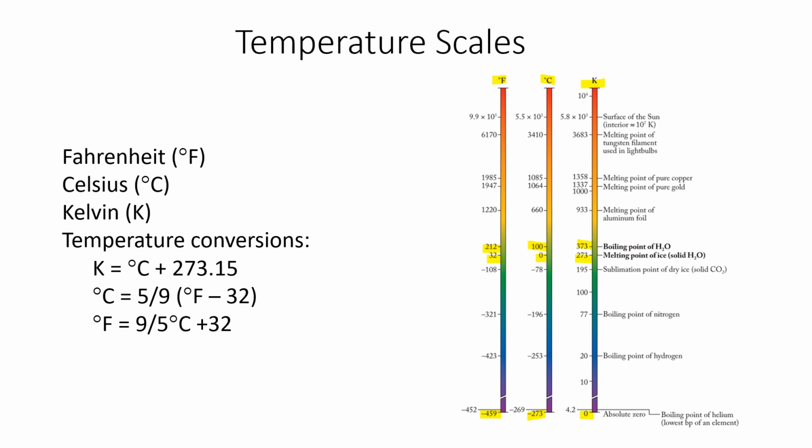But again, I want you not to necessarily worry about plugging numbers into an equation. We can do that. There are apps for that. That doesn't really show an understanding of the temperature scales. What really shows an understanding of the temperature scales is understanding that Celsius and Kelvin have the same unit size.